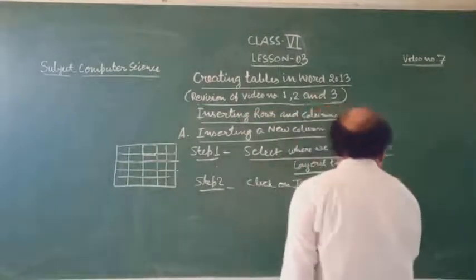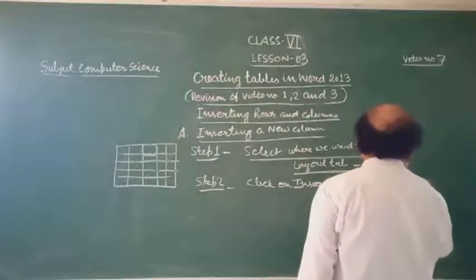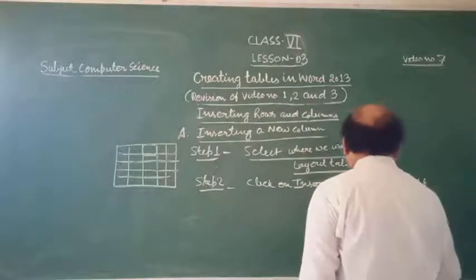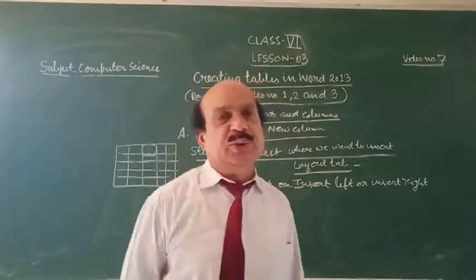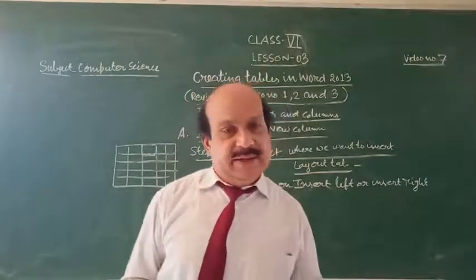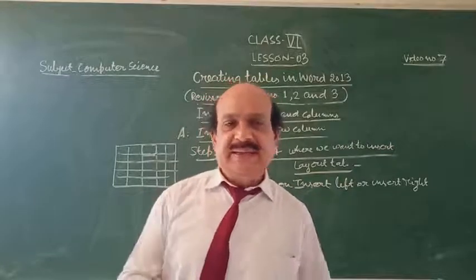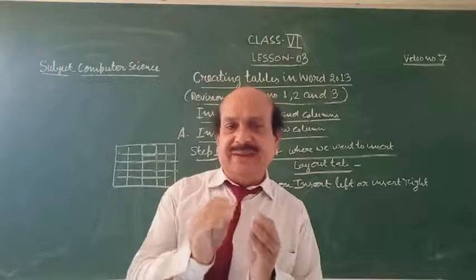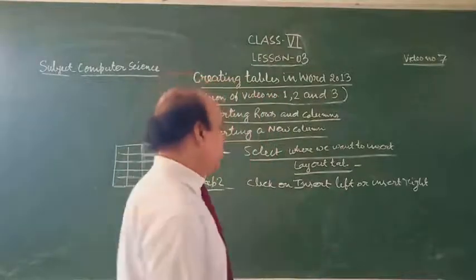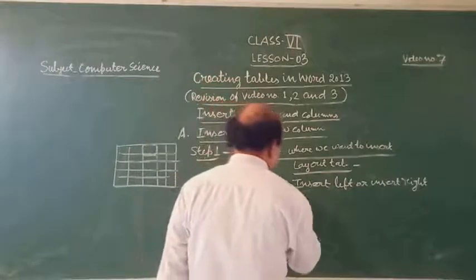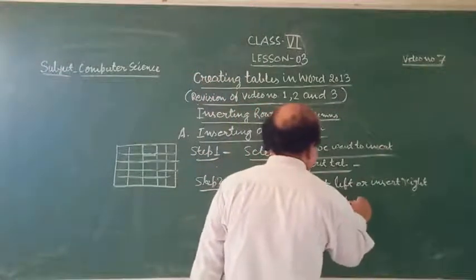So where is the need of the column? It depends upon you whether you select left side or right side. So when you have selected insert left or right in the rows and columns group, from the rows and columns group you will select it.